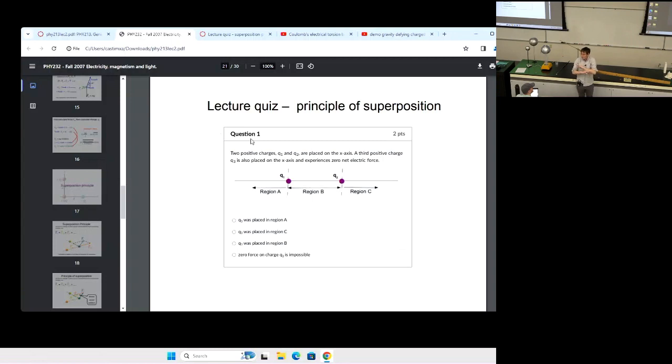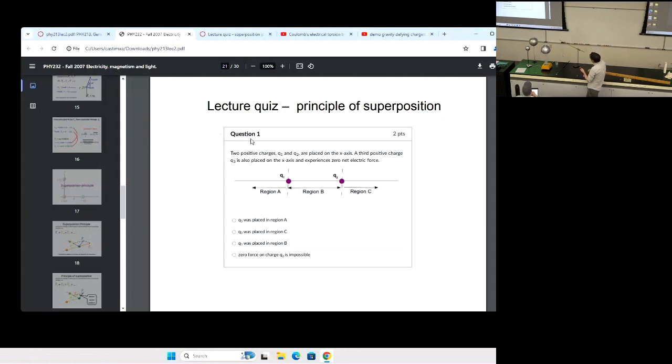And so the first thing we've got to understand is that if the forces add up to 0, they must be cancelling one another out. If they're cancelling one another out, they must be equal magnitude, opposite direction. Where in that picture could the two forces be in opposite direction? Remember, all the charges are either positive or all the charges are negative.